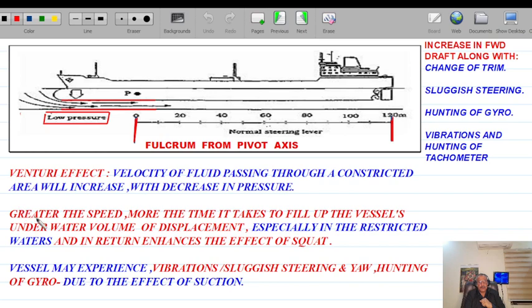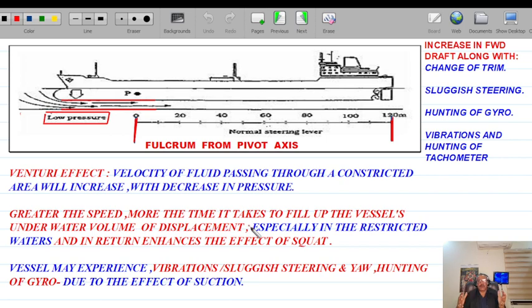Now, another element is, the greater the speed, the more time it takes to fill up the vessel's underwater volume of displacement. When I say the magical words underwater volume of displacement, I have already explained in my first few lectures so that you understand the importance of this. So if the speed is more, it takes more time to fill up the void.